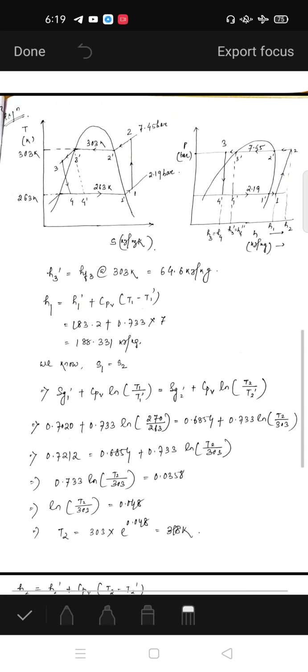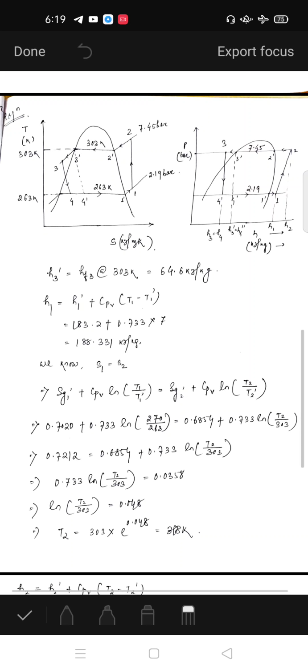Now you can apply the formula: isentropic compression is reversible adiabatic, so S1 will be S2. S1 will be Sg1 dash plus Cpv into ln T1 by T1 dash. Similarly, S2 will be, as in the superheated region, Sg2 dash plus Cpv ln T2 by T2 dash.